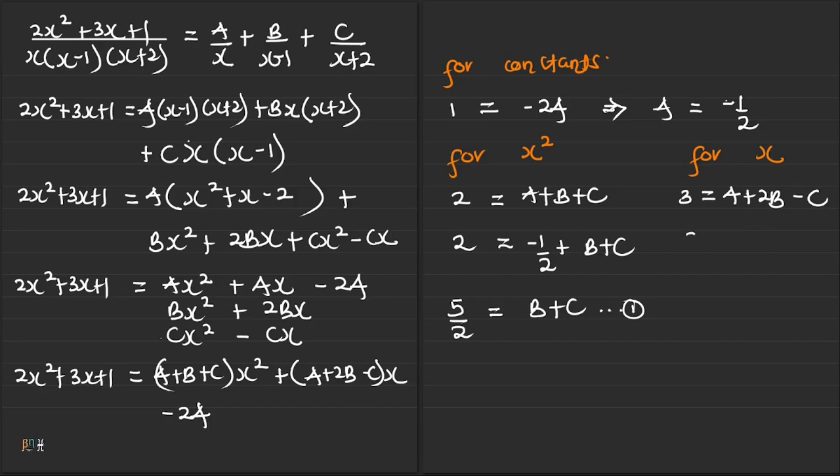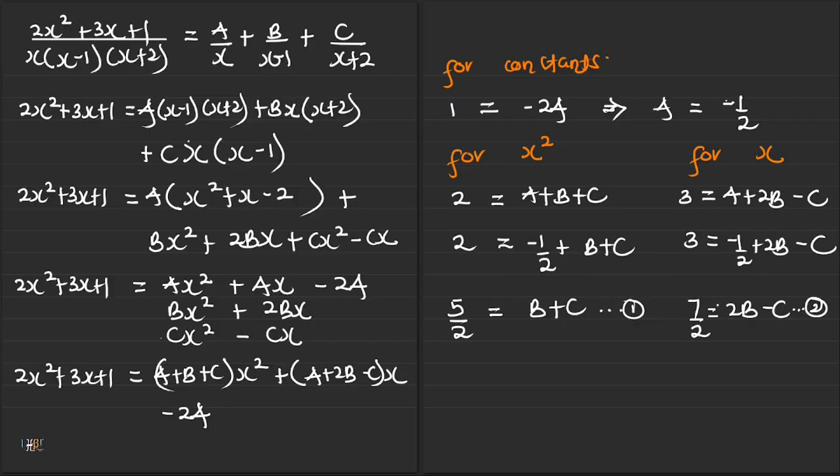Substituting our a, we have 3 is equal to -1/2 plus 2b minus c. If you bring 1 over 2 to the other side, it becomes 3 plus 1 over 2, which gives us 7 over 2, is equal to 2b minus c. That becomes our second equation.